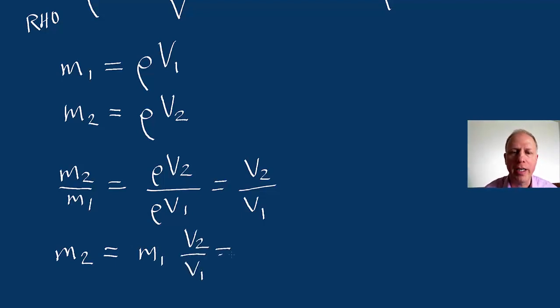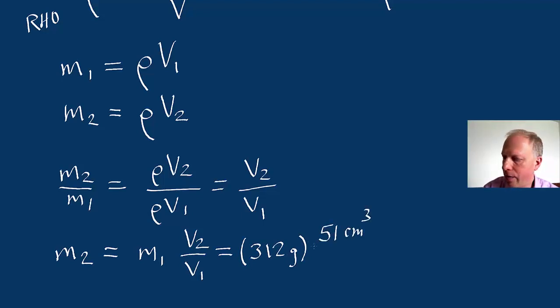Without ever actually calculating the density of material Y, I can find what the mass of the second sample would be. The first sample was 312 grams, and the volumes are 51 cubic centimeters and 47 cubic centimeters. The cubic centimeters cancel, and I get 339 grams.